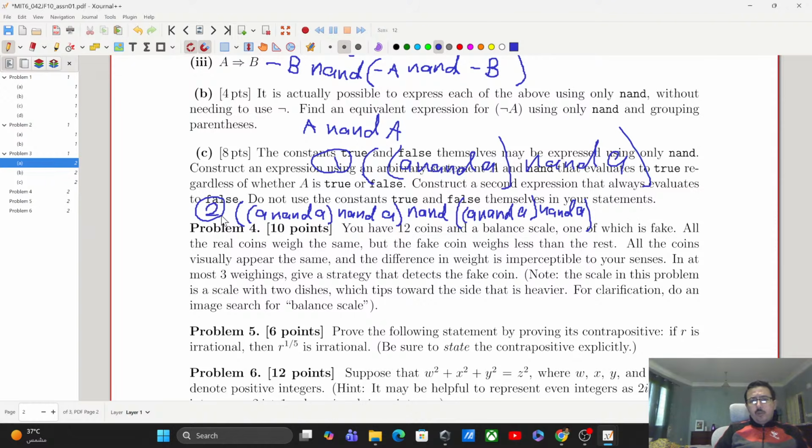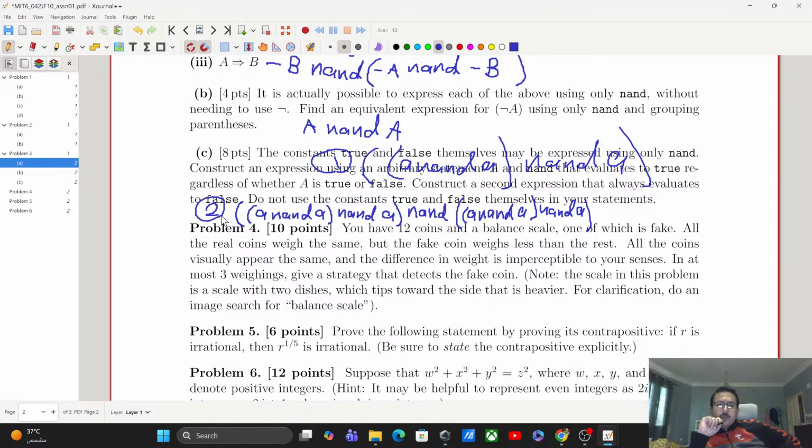Alright, so problem 4. You have 12 coins and a balance scale, one of which is fake. All the real coins weigh the same, but the fake coin weighs less than the rest.